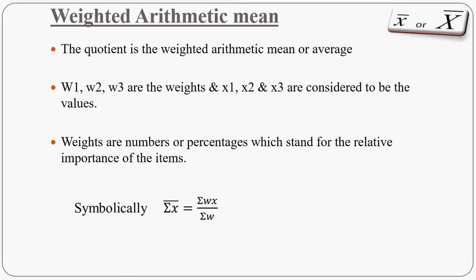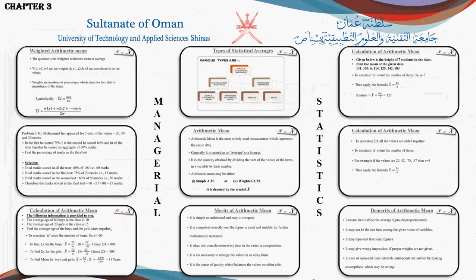How do we calculate symbolically? We take weighted arithmetic mean is equal to sigma wx divided by sigma w. So this is how we calculate with regards to weighted arithmetic mean. I hope these examples are clear to understand.